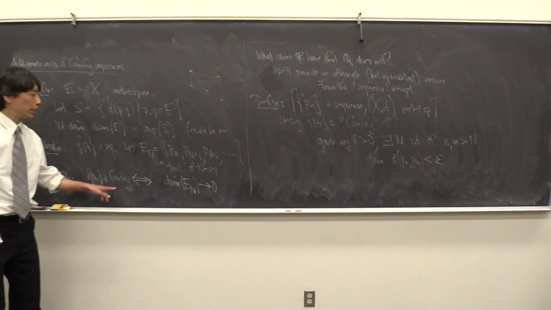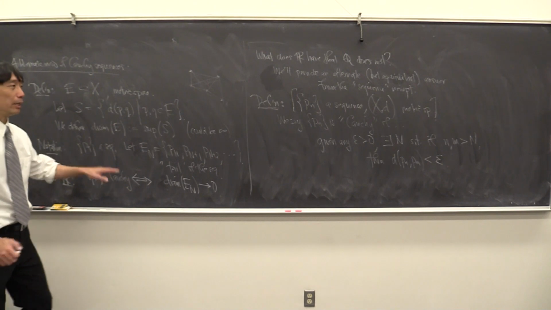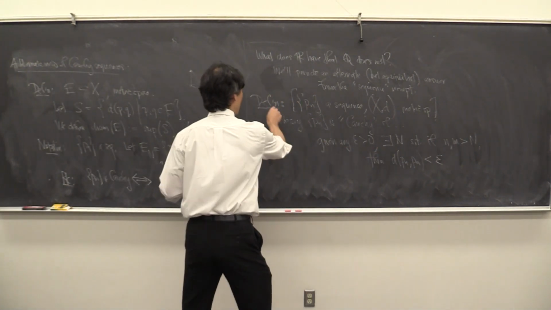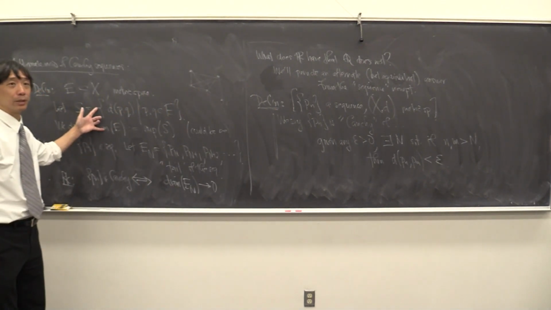The sequence is Cauchy if and only if the diameter of the tails goes to 0. That is basically just a direct translation of Cauchiness into this language.